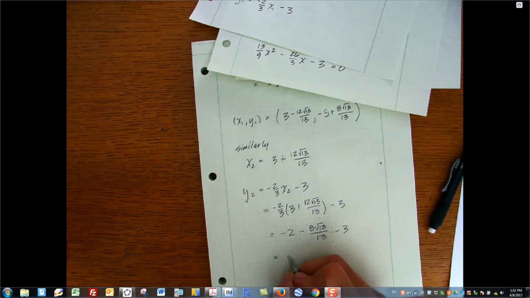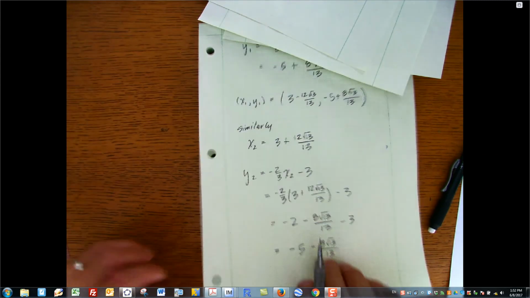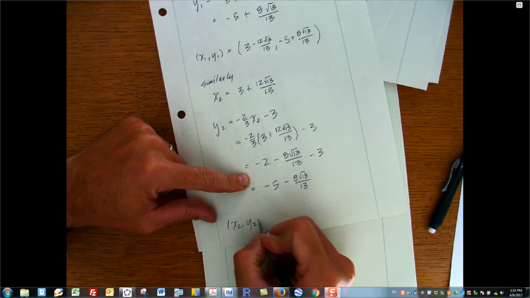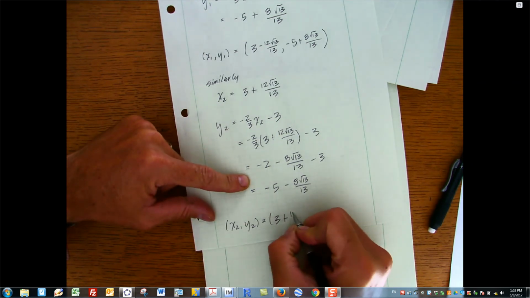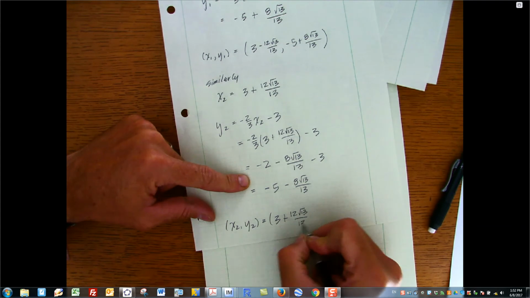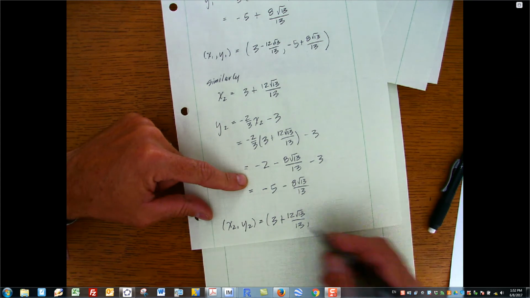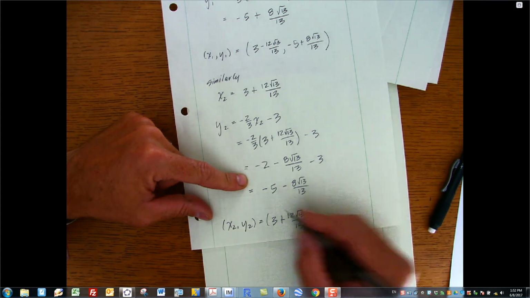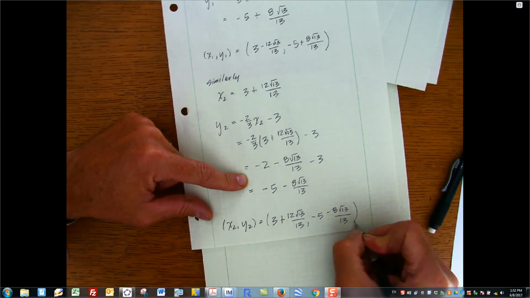So looks like it'll be a negative 5 minus 8 root 13 over 13. So what does that mean? That means x2, y2 is equal to this complicated number 3 plus 12 root 13 over 13, part rational, part irrational, so irrational as a whole, comma, negative 5 minus 8 root 13 all over 13.